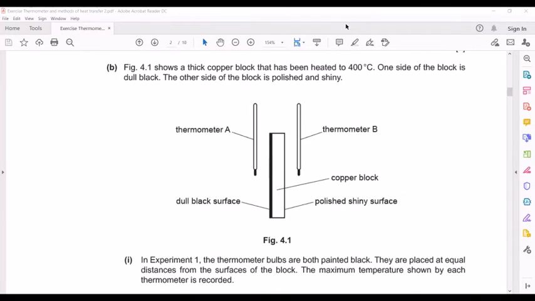It will take more time to change, because most of the energy is reflected and only a very small amount of energy is absorbed. So the temperature rise will be slower when we use a shiny bulb thermometer. Is it clear?